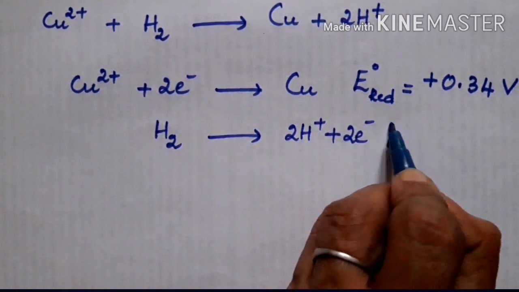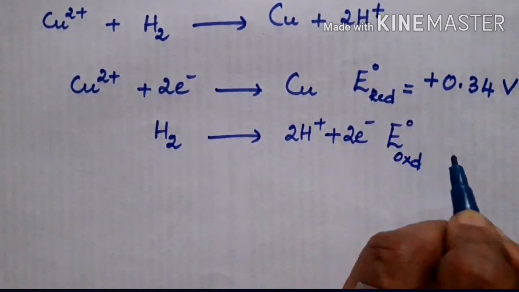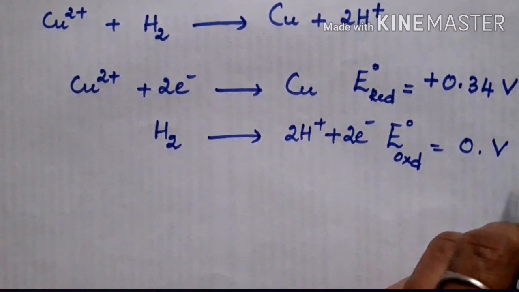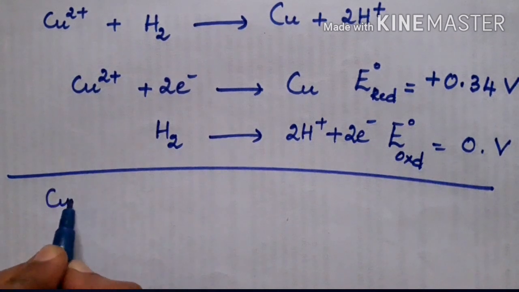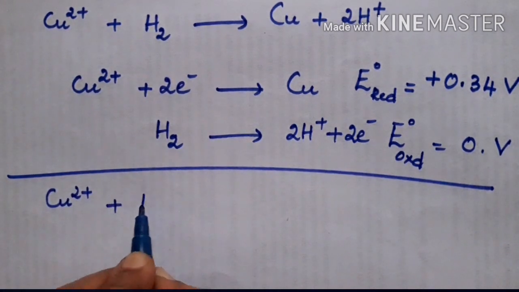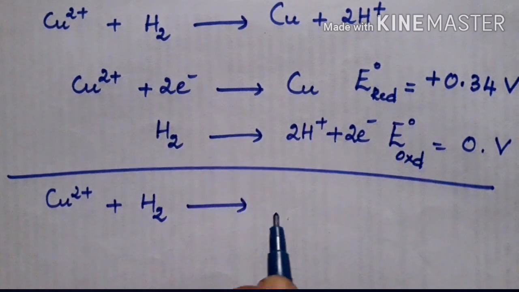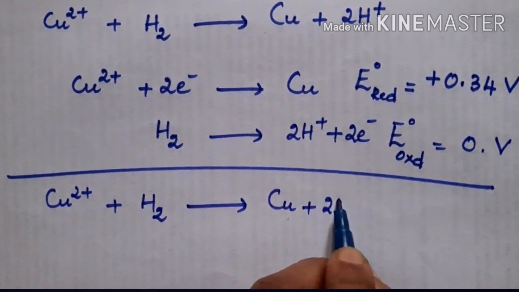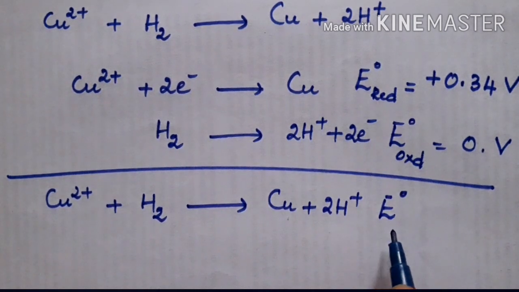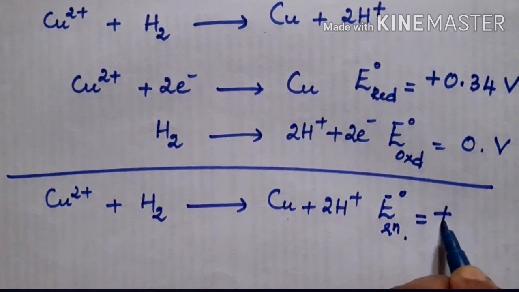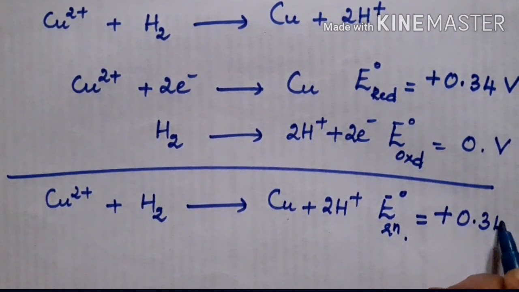Here, E0 of oxidation will be 0. So, the overall reaction becomes Cu2+ plus hydrogen becoming Cu plus 2H+. The E0 of the reaction will be equal to plus 0.34 volt.